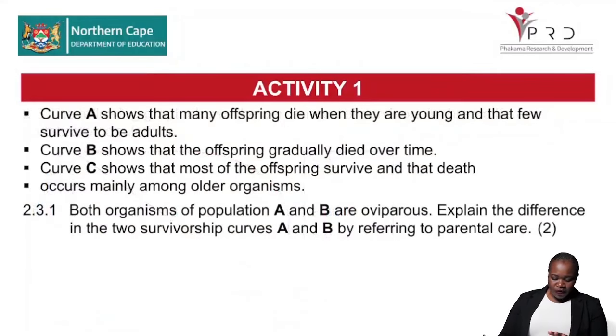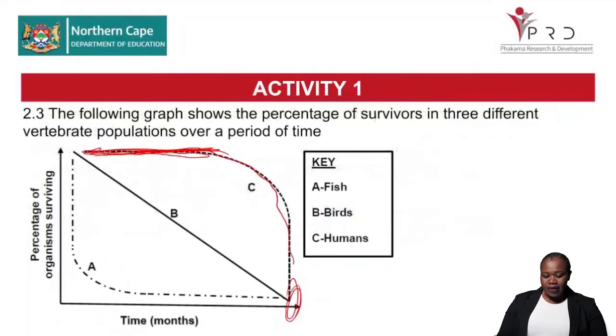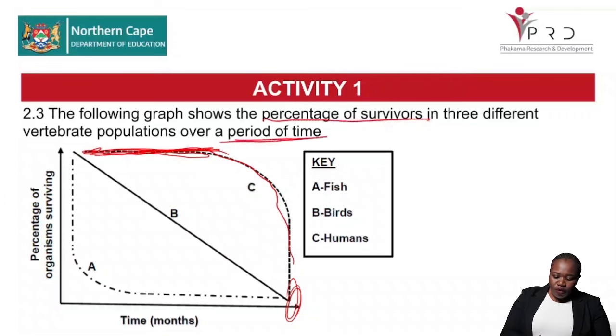Okay, so before we get into the questions, there is a description of what is happening with those 3 curves. This is what I was saying earlier. Make sure that you read all that information. Don't just jump to 2.3.1. Read this information. Again, before we even read, let's have a look at this caption. It says the following graph shows the percentage of survivors in 3 different vertebrate populations over a period of time.